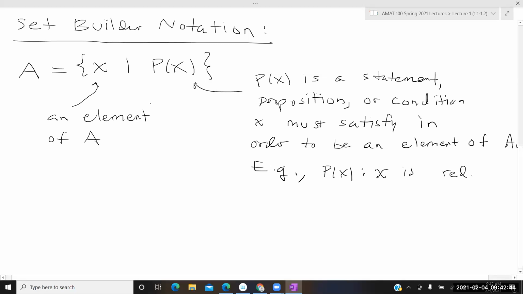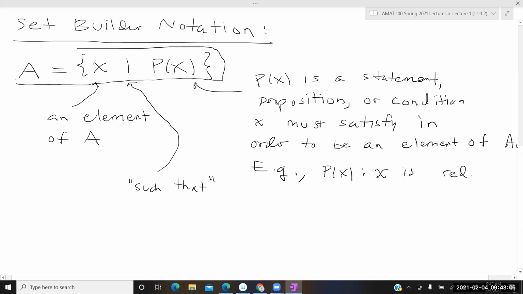And then finally, this little bar here, sometimes they use colons, I just tend to use this bar. It's meant to be read as "such that." So this is an equation, and it's a sentence. It's saying that A is the set of all X such that P of X is true.